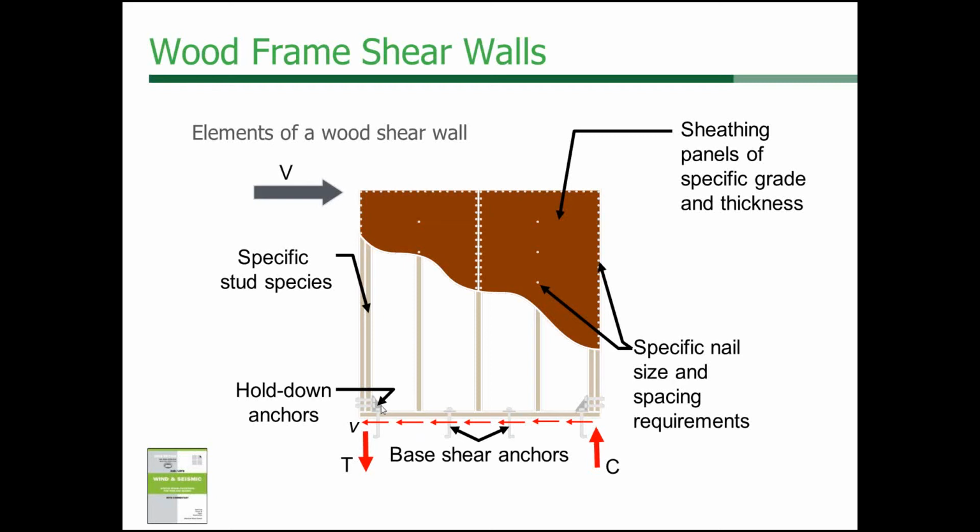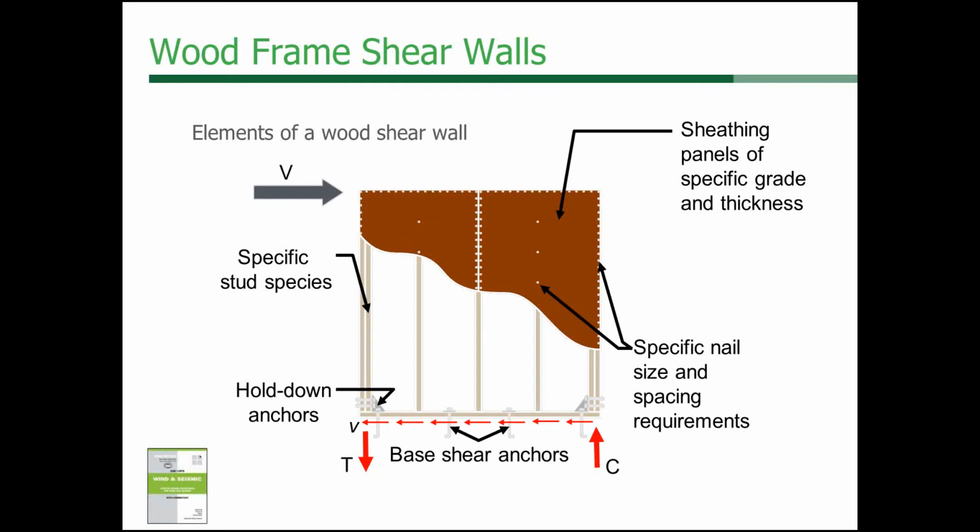That resists the overturning, the tension, and then the boundary members also resist the compression because you're going to have that overturning. Right here, if you're looking at this, the shear load is going to the right. You would have compression on this boundary member and then tension on this boundary member. So that gives you the whole basics regarding shear walls.